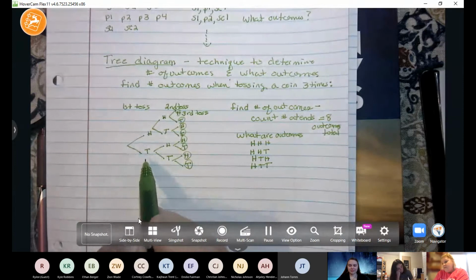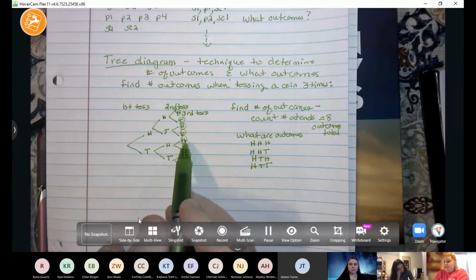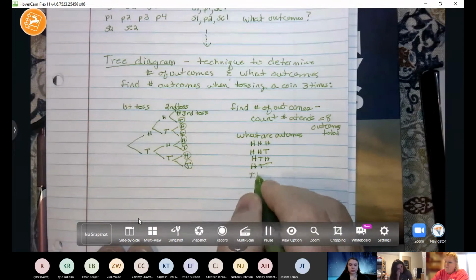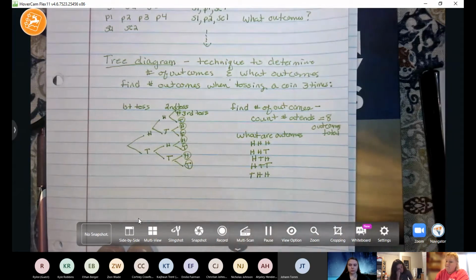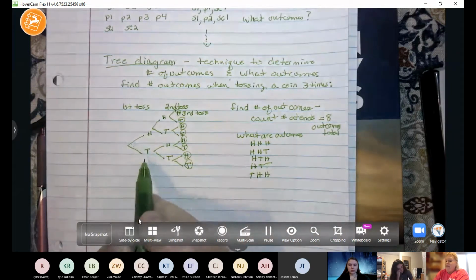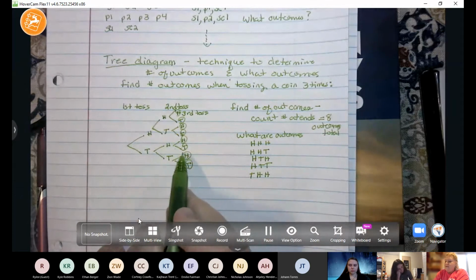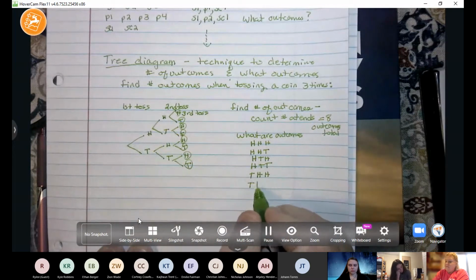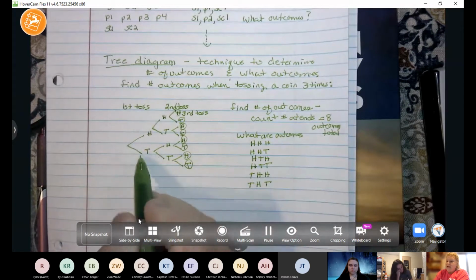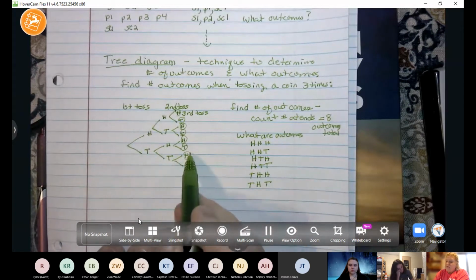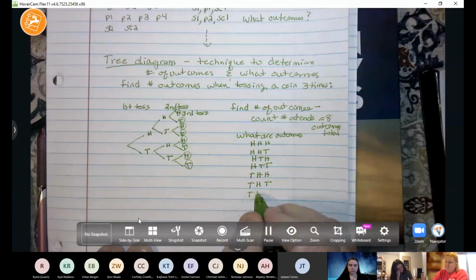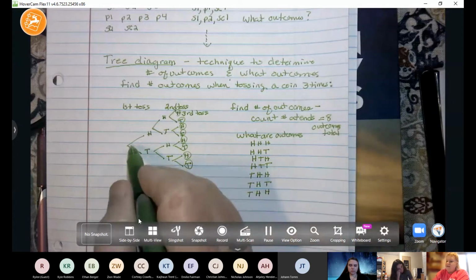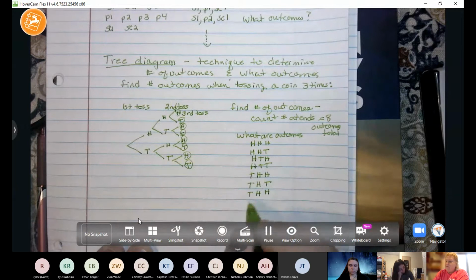And so now I use the tail branch. So tail to head to head. And then tail to head to tail. And then I do tail to tail to head, and then tail to tail to tail.